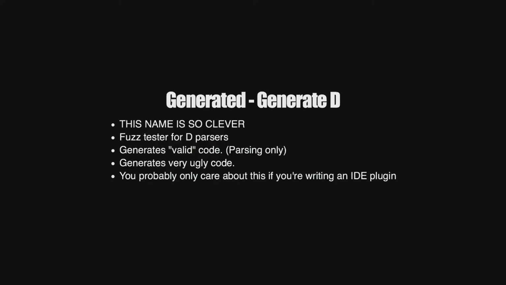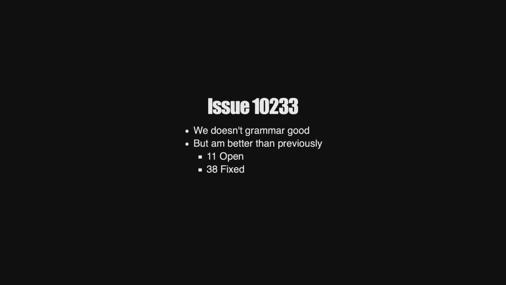And then I decided, well, if I have a parser and I have the grammar, I should probably make a generator and make sure that the whole loop actually is consistent with itself. And this generates really ugly code. You only really care about this if you're writing an IDE plugin or something like that. Everyone else won't care.